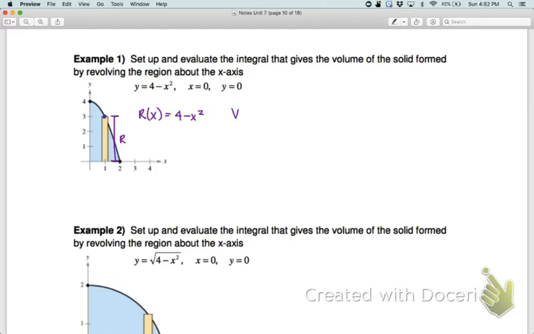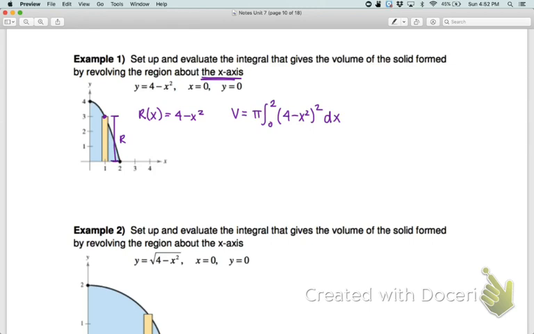So the volume formula is going to be pi times the integral from, in this case, since this rectangle is perpendicular to the x-axis, we're rotating about the x-axis. We know that we want to do our integral dx. So we're going to go from 0 to 2 of r of x, which is 4 minus x squared, squared, because, again, it's radius squared to find the area of a circle, dx.